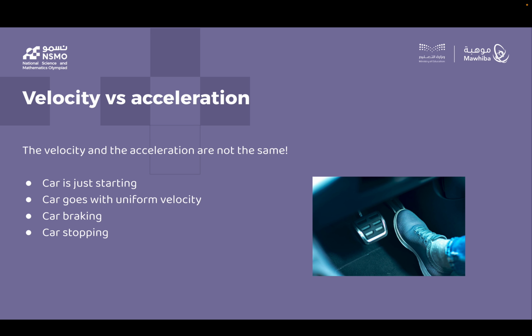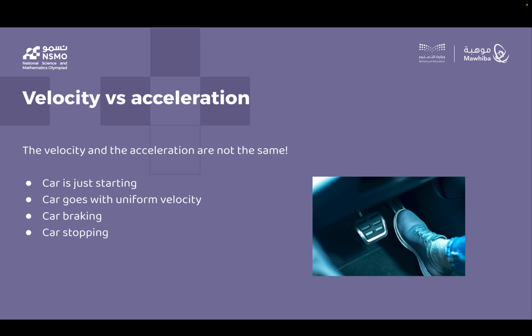It is very important to have a clear distinction between velocity and acceleration. To have a clearer picture, let's discuss these four cases. First, what if a car is just starting? Its velocity is zero, but the speed will increase, so the acceleration is positive. Second, the car goes with uniform velocity.